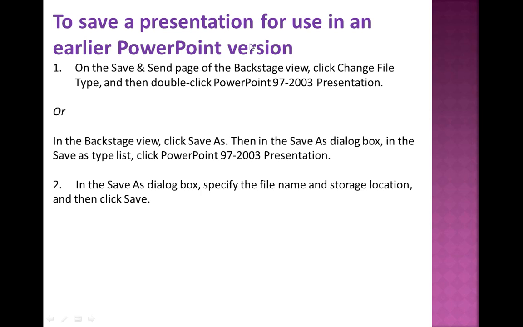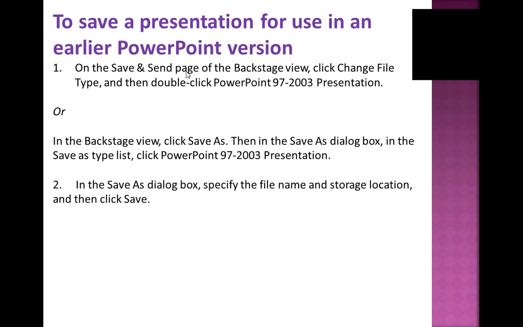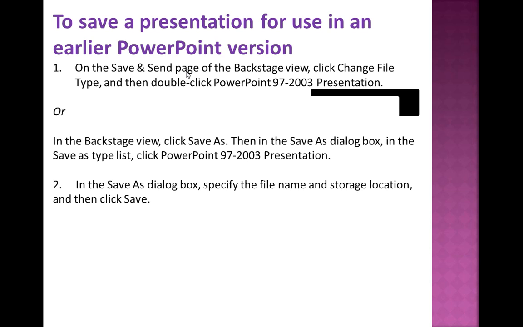Next, how to save a presentation. In an earlier version, simply go to the Save and Send page of the backstage view, click Change File Type, and then double click the PowerPoint 97-2003 presentation.